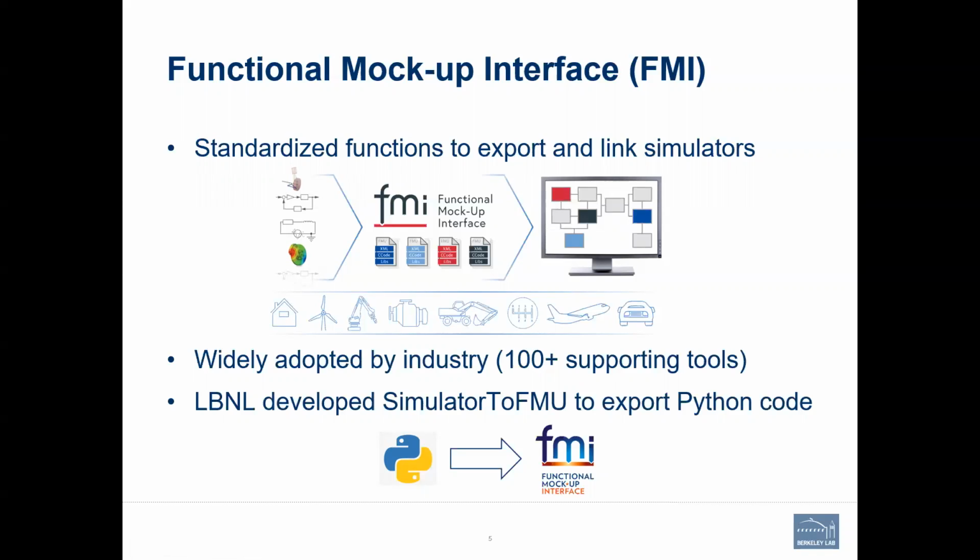So basically, the model is translated into a set of C functions, which are predefined with the functional Mockup interface. This zip file also includes an XML file which describes the model inputs, model outputs, parameters, dependencies, and so on.